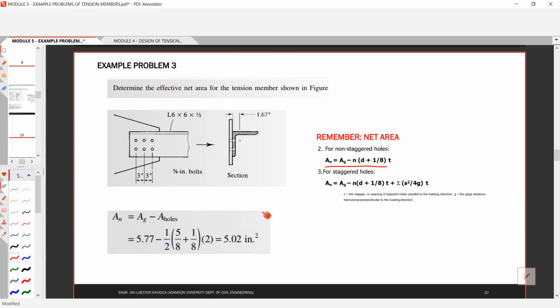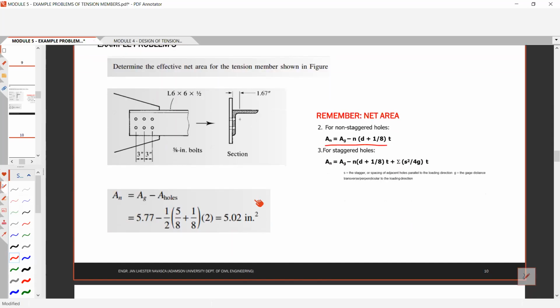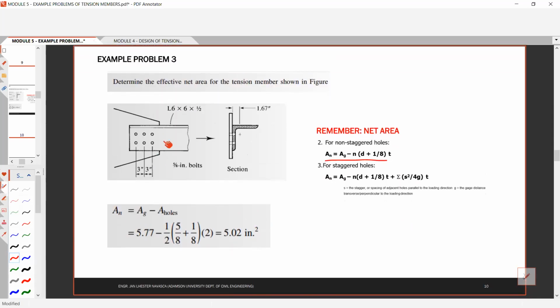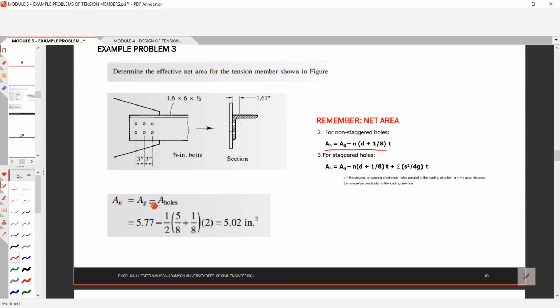Okay, so the problem is asking to determine the effective net area AE. Take note that your AN is equal to AG minus the area of the holes.